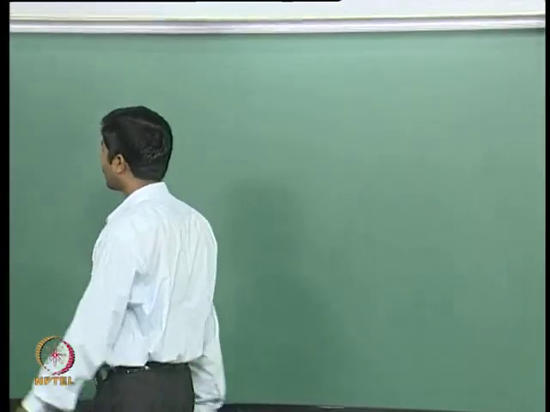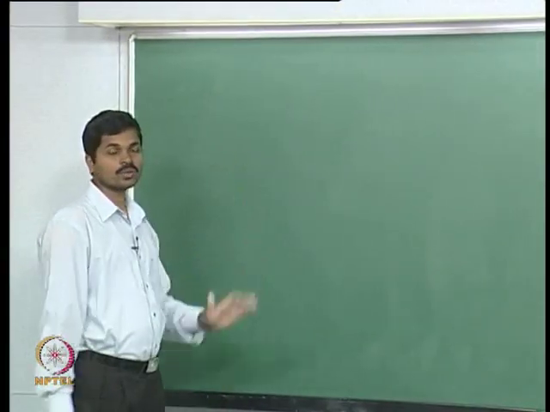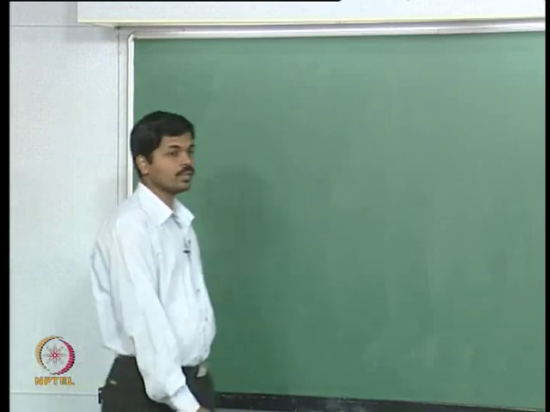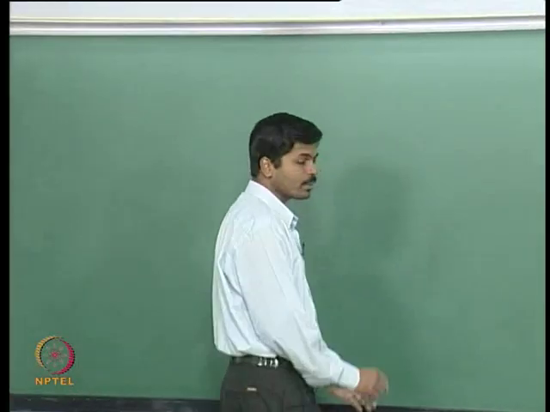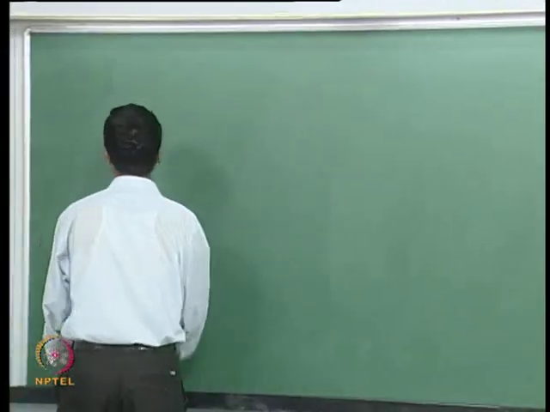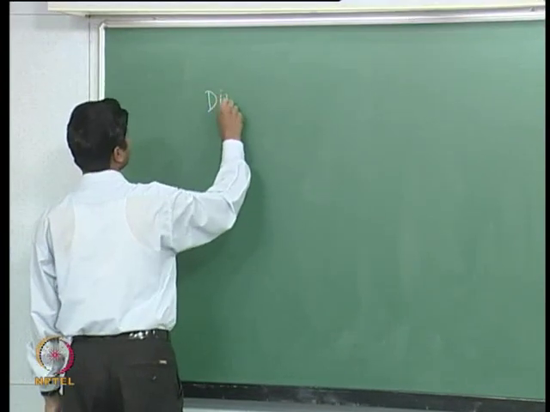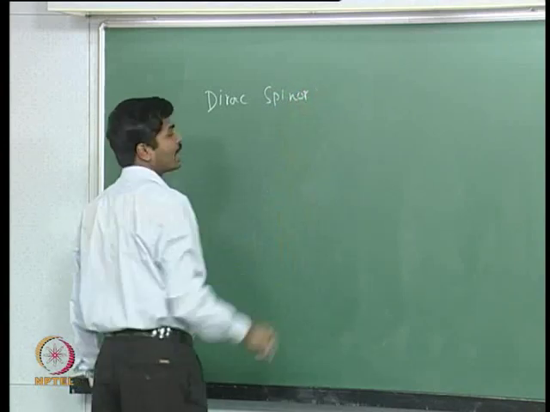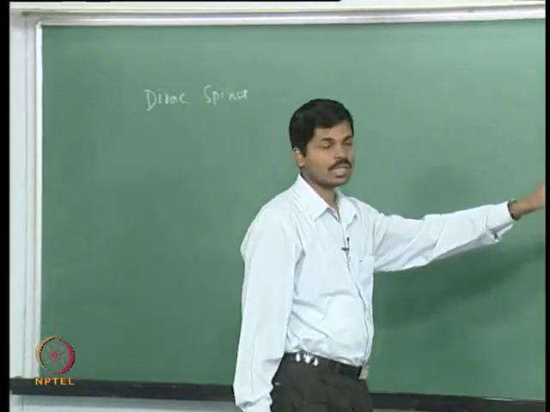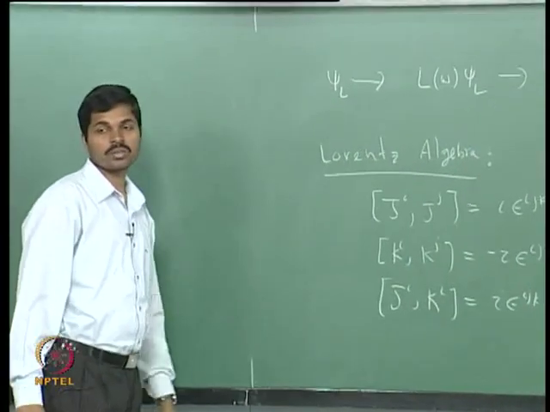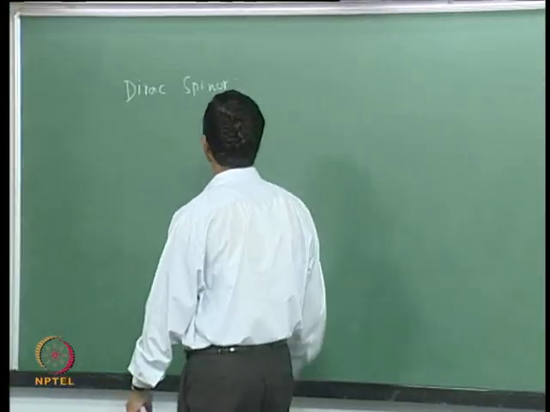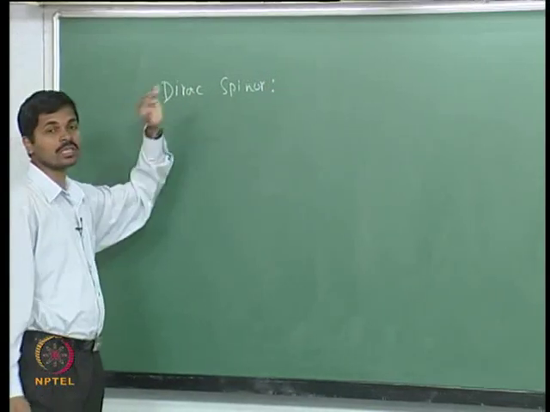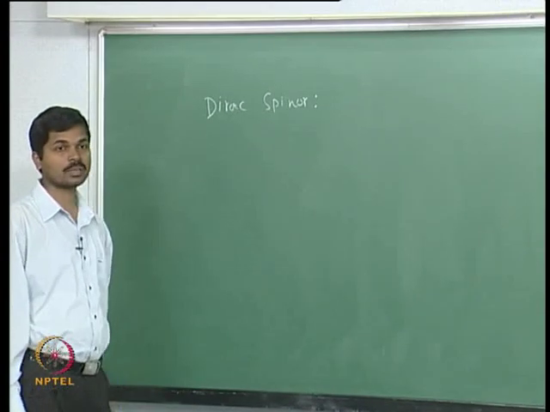What we need to do is keep track of which one is a left handed spinor and which one is a right handed spinor and so on. So we will introduce something known as a Dirac spinor, which unlike these left handed and right handed spinors that we have introduced just now, is a 4 component spinor, and it does not belong to an irreducible representation of the Lorentz algebra.